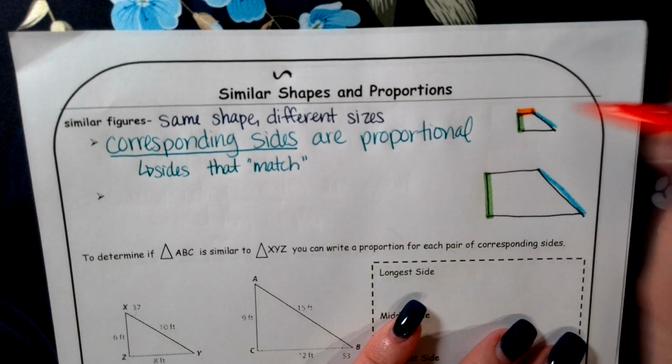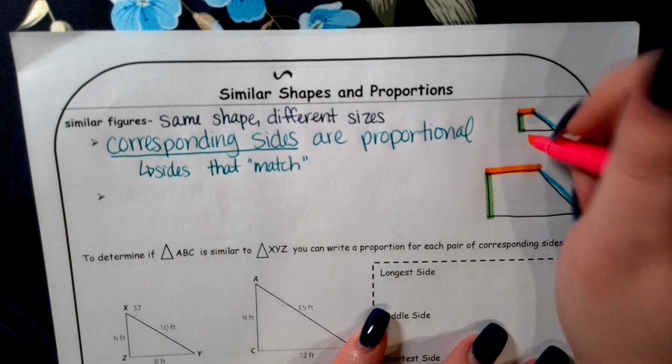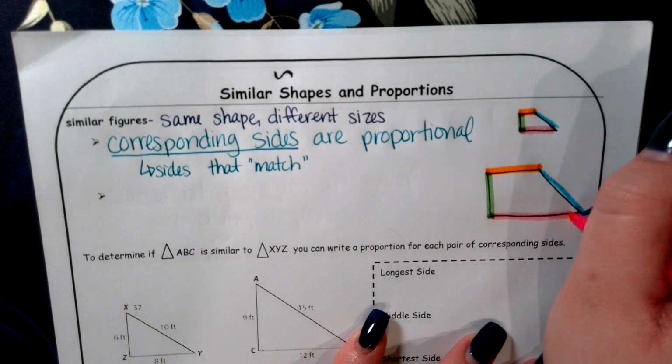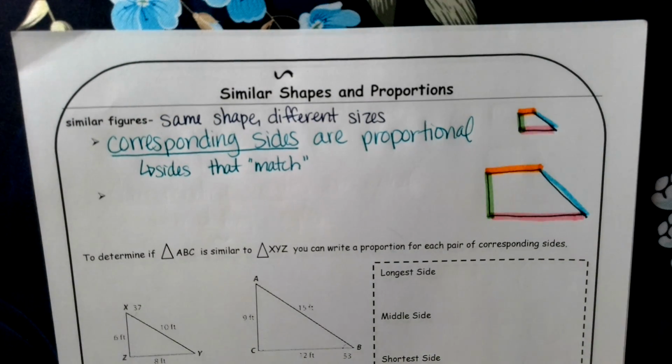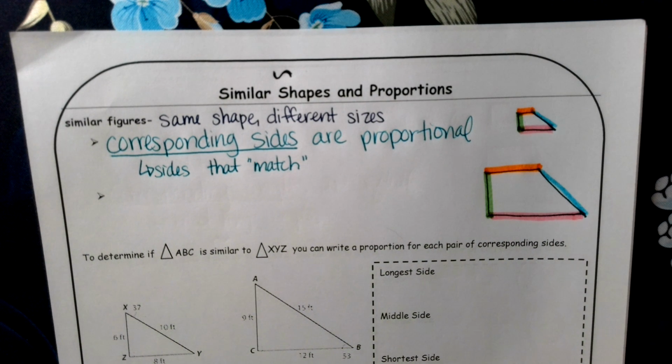This little guy up top is going to correspond with that little guy up top. And the line on the bottom is going to correspond with that line on the bottom. They match each other. They're in the same spot on similar figures. So we have that corresponding sides match.